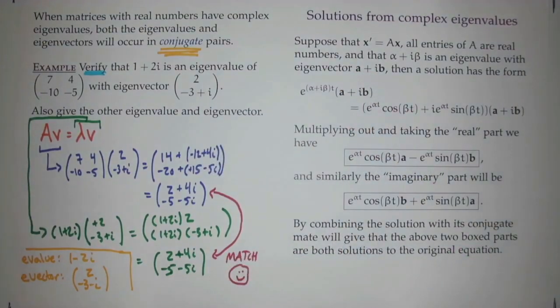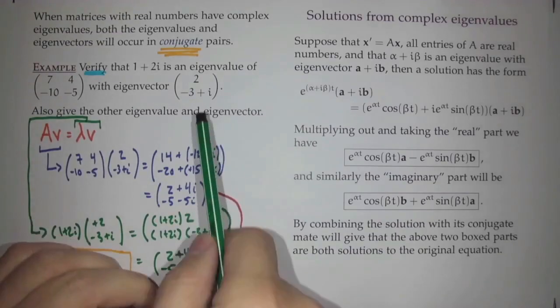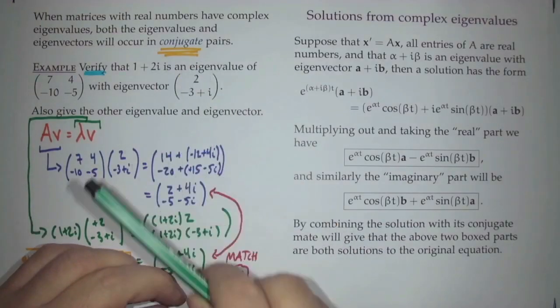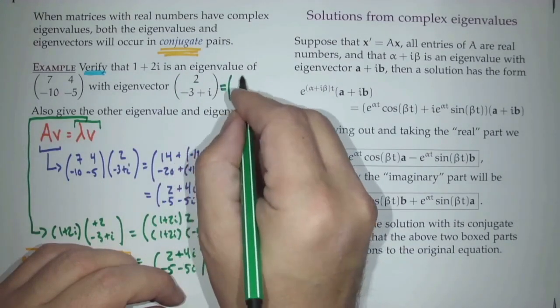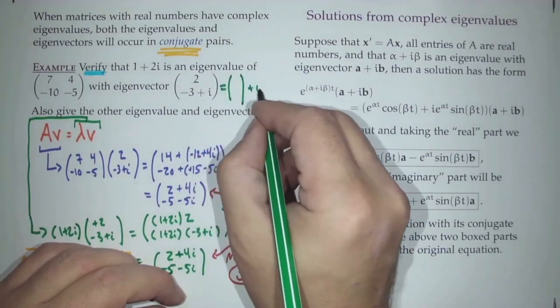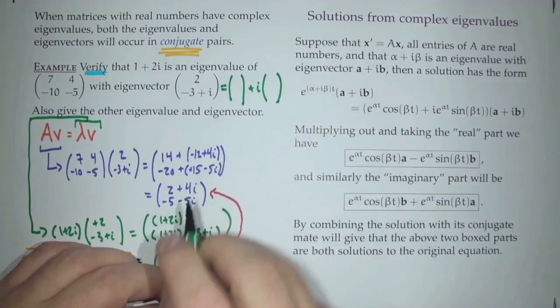What that is saying is you take your eigenvector and you pull it apart, and you say, I want to look at the part with the real pieces and the part with the imaginary pieces. As an example, here's this eigenvector over here. We could write it as the real piece plus i times the imaginary piece.